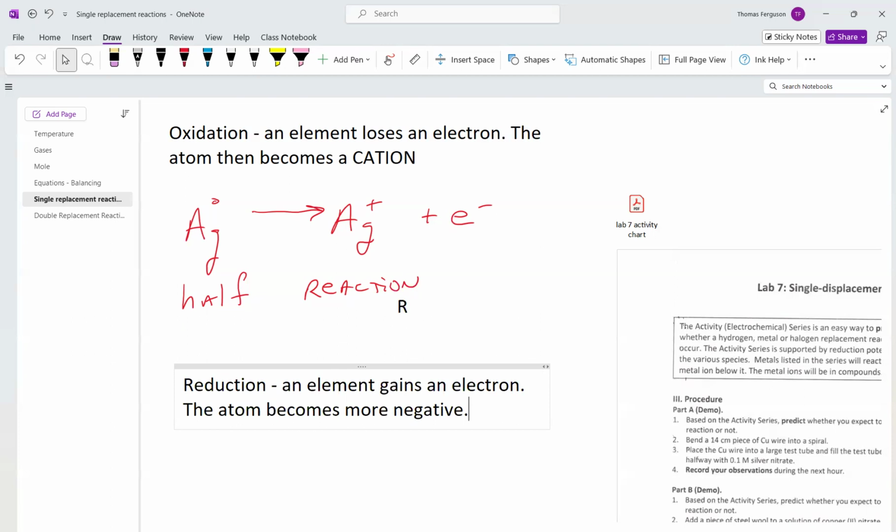Okay, reduction's the opposite of oxidation. So oxidation, you lose an electron. Reduction means you accept it.